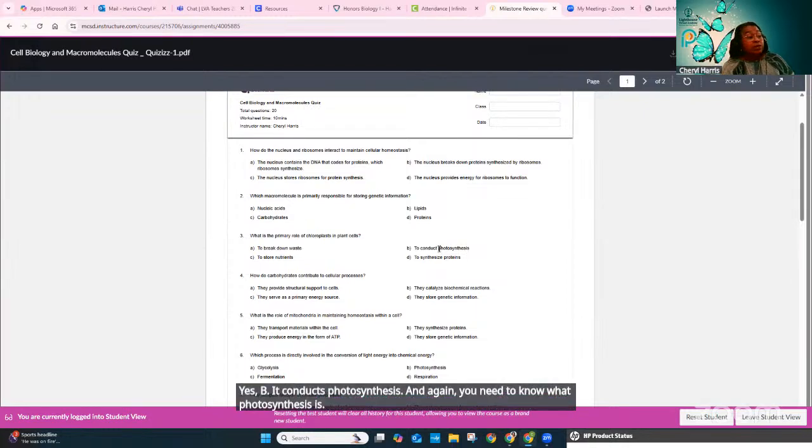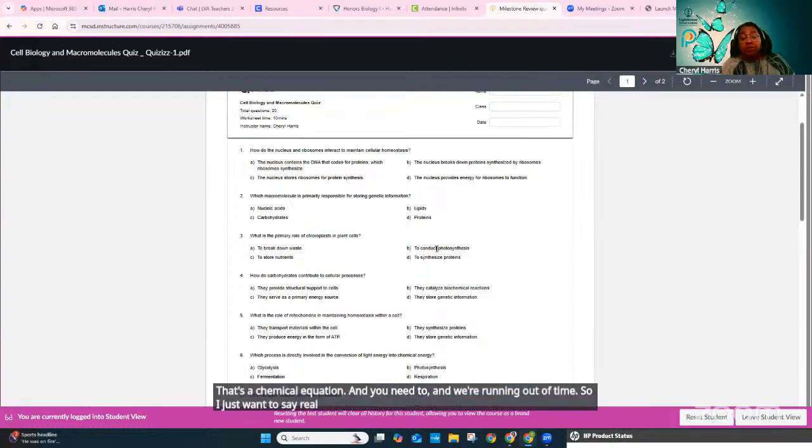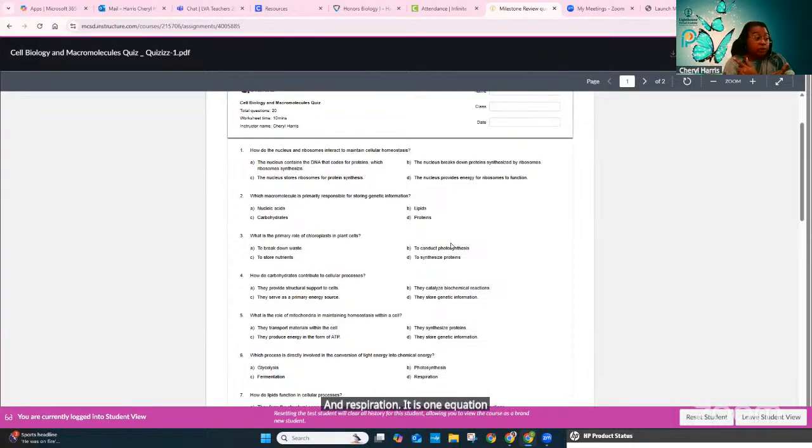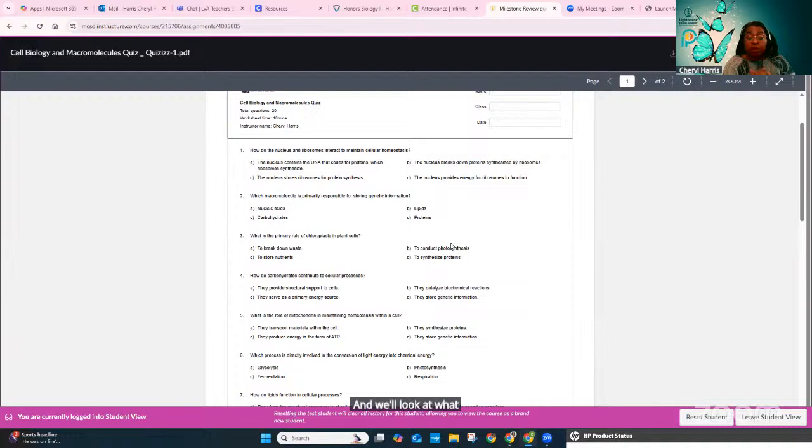That's a chemical equation. And we're running out of time, so I just want to say real quick, and we're going to finish this, but you need to know the relationship between photosynthesis and respiration. It is one equation backwards. I'll pull that up tomorrow too, and we'll look at what that equation is, what all the parts are, and where everything comes from.